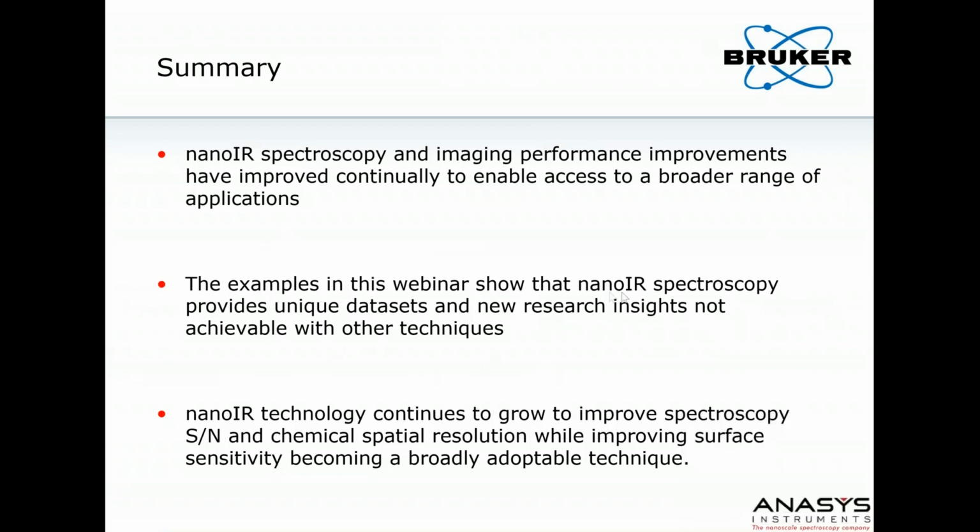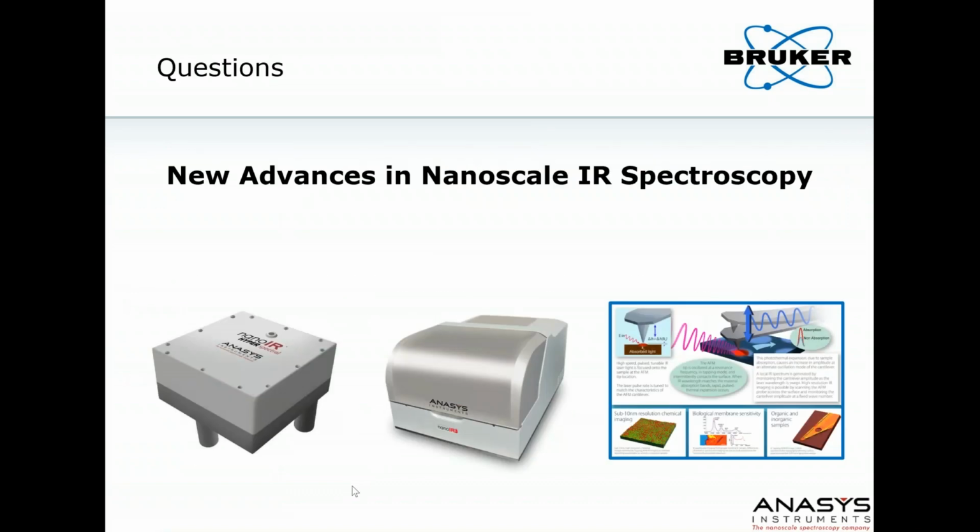Some examples in this webinar show that nano IR spectroscopy provides unique data sets and new research insights that are not available with other techniques. And nano IR technology continues to grow and improve spectroscopy signal to noise and chemical spatial resolution, while improving surface sensitivity and becoming broadly adaptable. So with that, I'll stop and we'll take some time to entertain your questions.